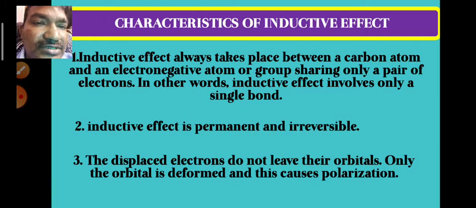Next, the third point is that the displaced electrons do not leave their orbitals. Electrons of the bond polarization are not going to leave the orbitals. Only the orbital shapes are deformed, and this deformation of the orbitals causes the bond polarization.